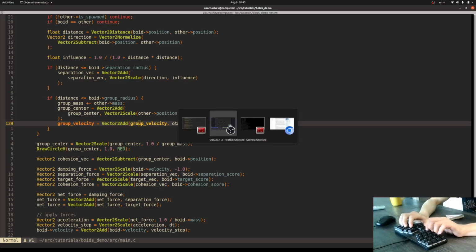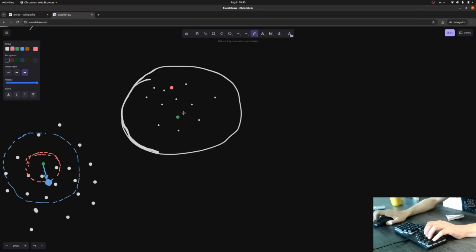And so what do we have? Let me think. Let's say I have some kind of a group, and each Boid has some velocity. For example, this Boid has small velocity here, this Boid has small velocity here, and let's say I want to add them together.